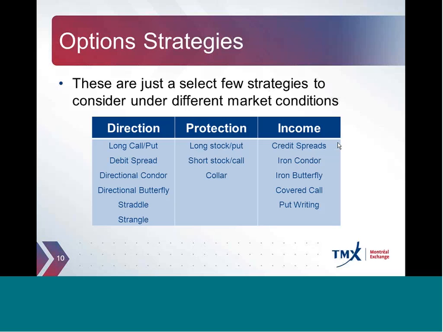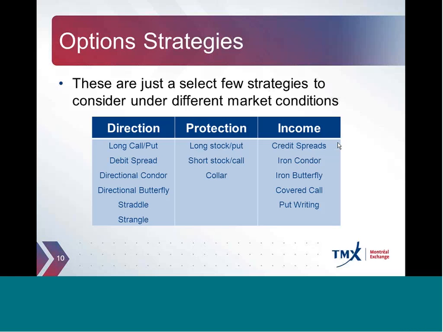The debit spreads, so the idea that you want to offset the cost of your long options position by utilizing a spread strategy. We can look at directional condors, which is just a combination of a debit spread and a credit spread. We could do a directional butterfly, which is the same consideration, credit spread and a debit spread together.